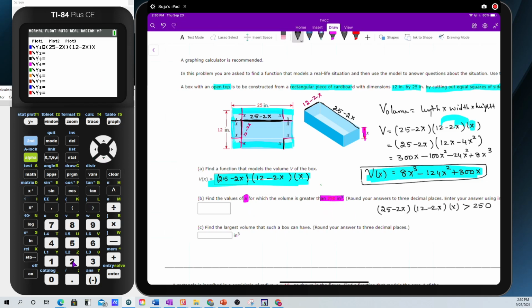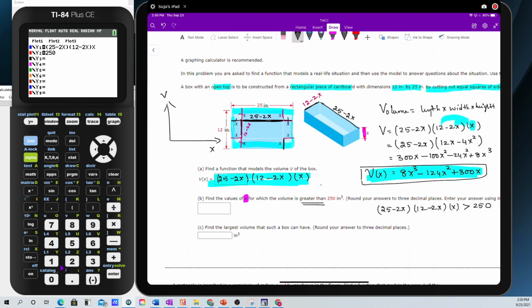And then what I'm going to look for is the point of intersection or the graph that is above this line 250. And why? Because it's asking where is it greater than. So I'm assuming when I graph this function that I created, volume is going to be my dependent variable and x is going to be my independent variable.